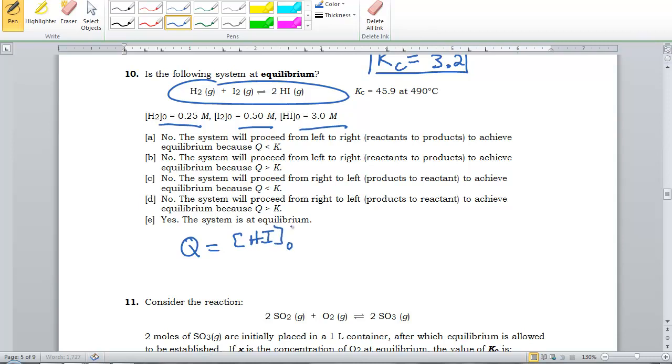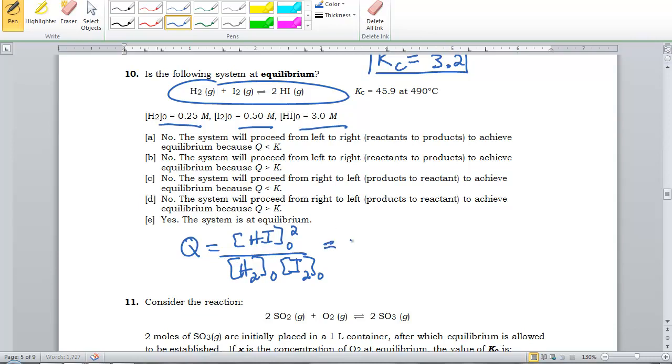Now, the nice thing here is the setup looks just like K, the equilibrium constant. But we are plugging in the initial concentrations. Most likely Q will not equal K, and that will tell us which way this system is going to shift to reach equilibrium.